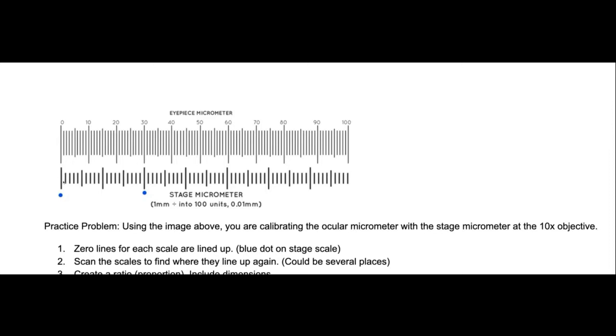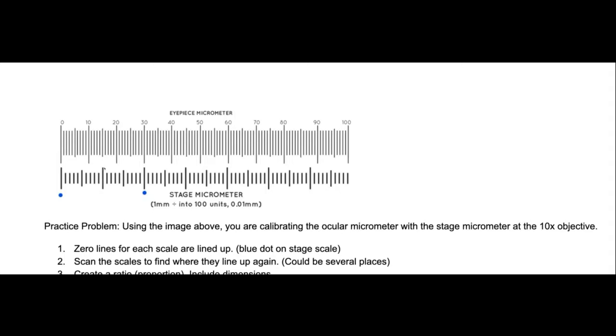So if we count it up, 0.01, 0.02, 0.03, 0.04, 0.05, which represents essentially a half unit, 0.06, 0.07, 0.08, 0.09, and then that represents 0.1.